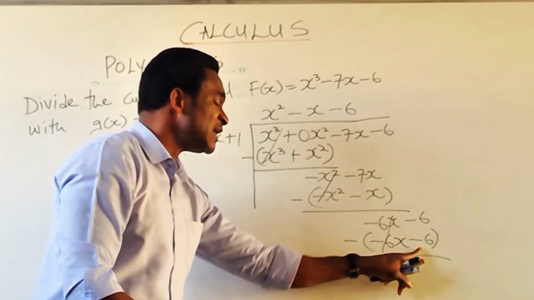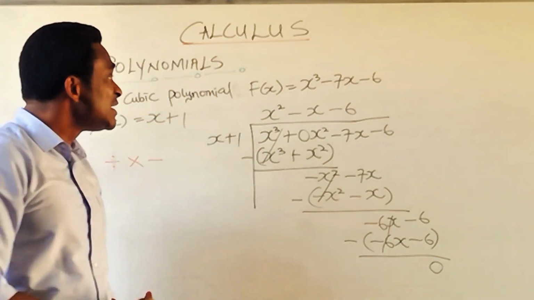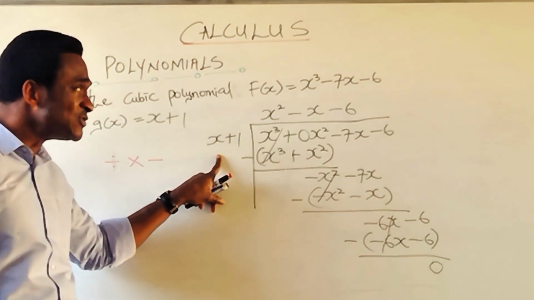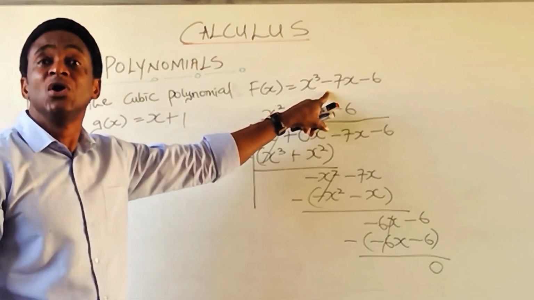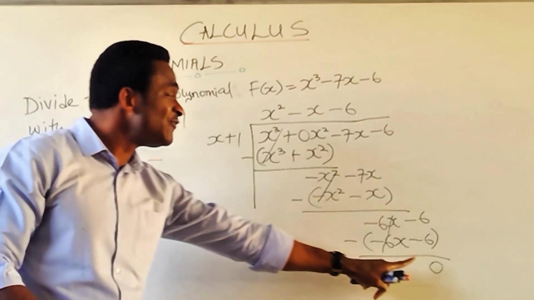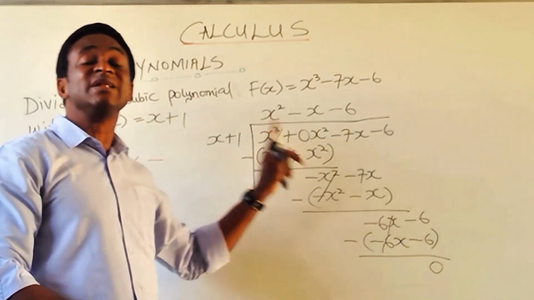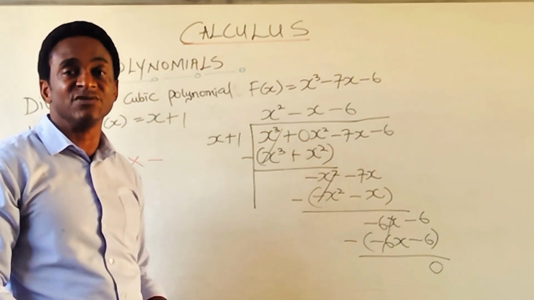We have a remainder of 0. Having a remainder of 0 means that the divisor is actually a factor of the function. If you have a remainder that is not 0, it means that it is not a factor of the function.